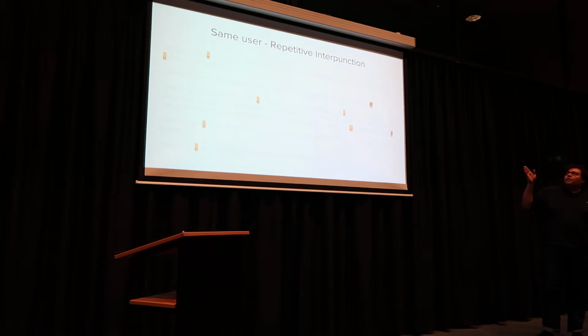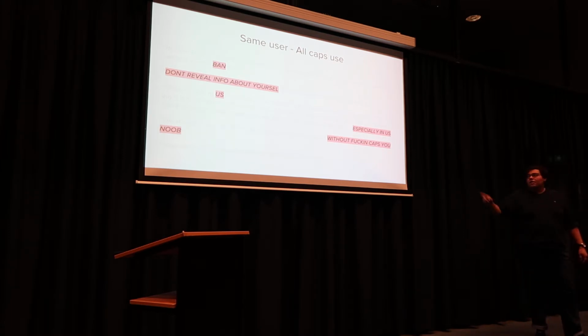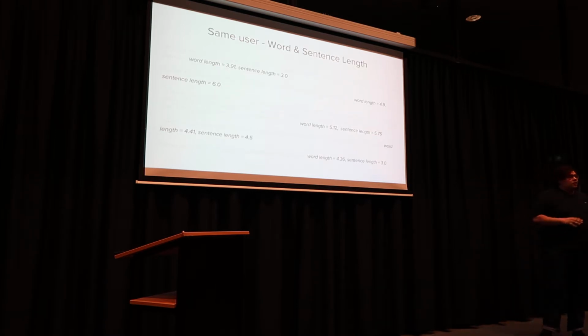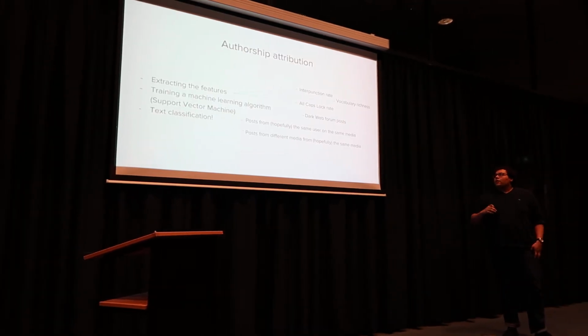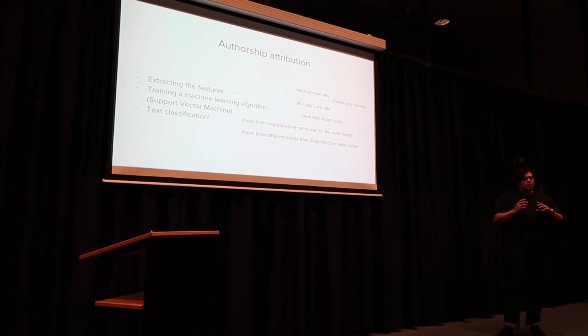He also uses repetitive punctuation, which is also his style mark. Another thing is that he uses all caps, even when saying people shouldn't use all caps, which is a bit ironic. We've also looked at the average length of words and the length of sentences.